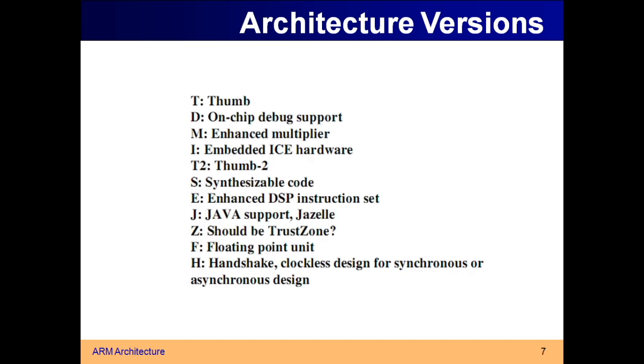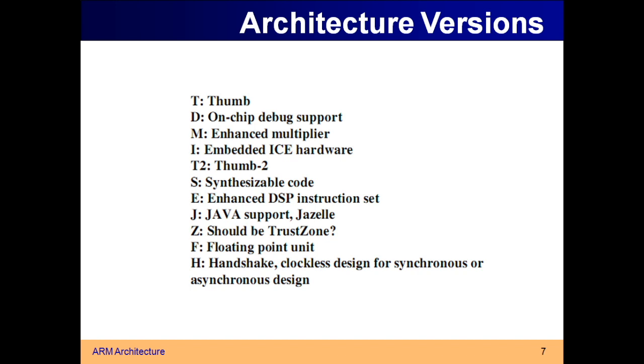So these are the abbreviations of the suffixes. T stands for Thumb. That means it has Thumb instruction support. So in ARM7 TDMI, T stands for Thumb, D stands for on-chip debugging, M stands for enhanced multiplier, and I stands for embedded in-circuit emulator.